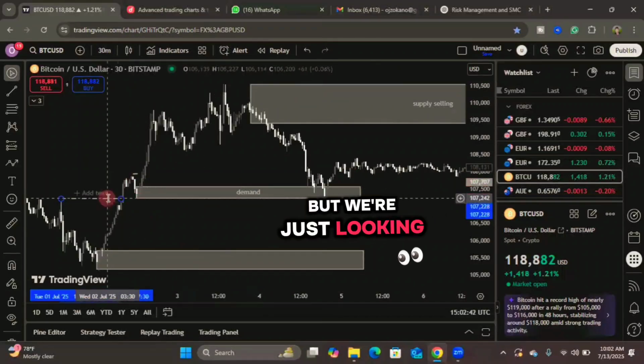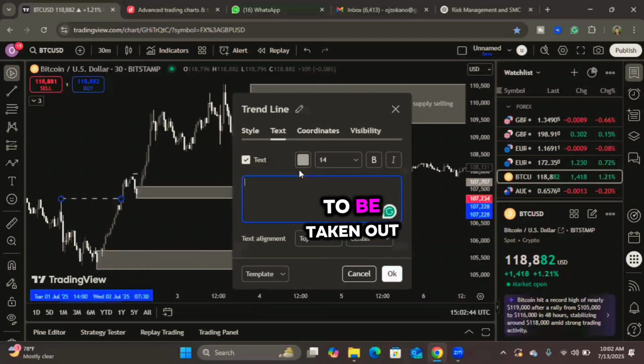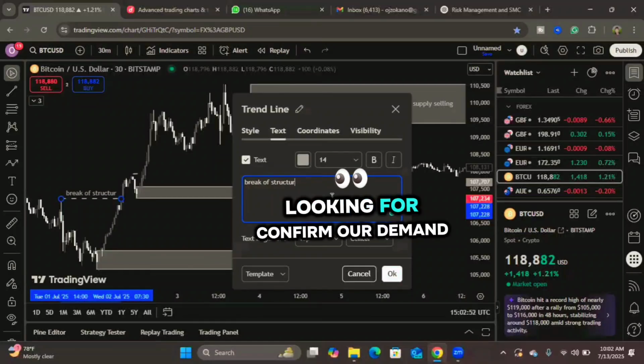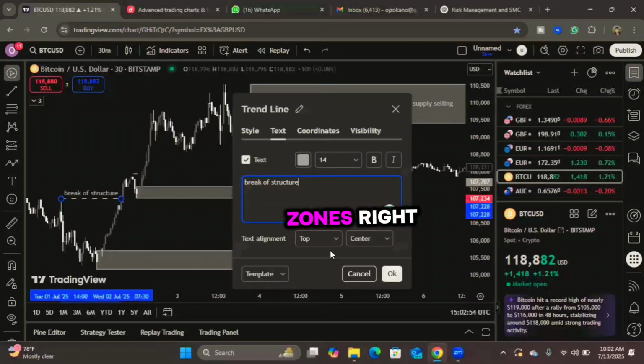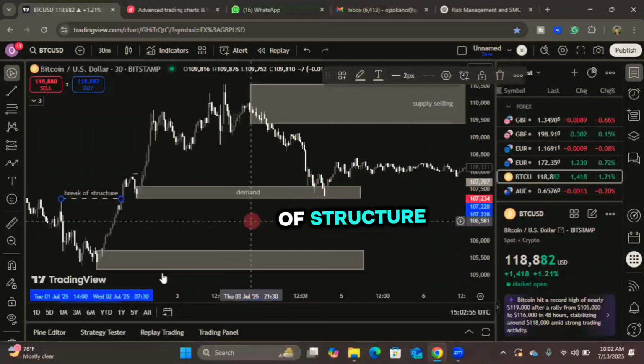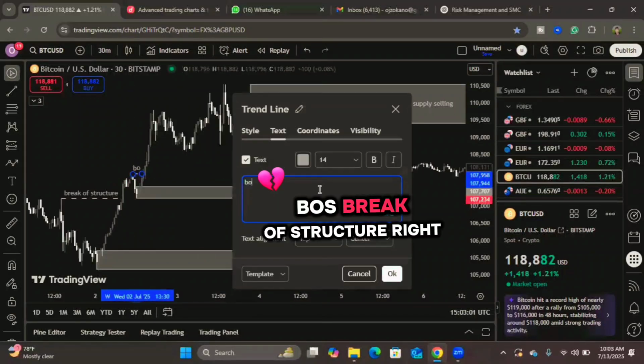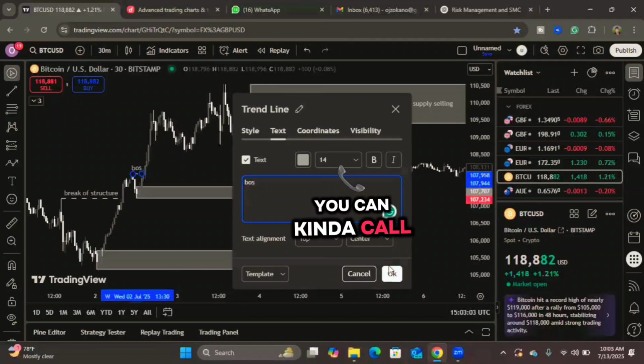We're just looking for a previous high to be taken out, so that break of structure movement confirms our demand zones. You can call it BOS, break of structure.